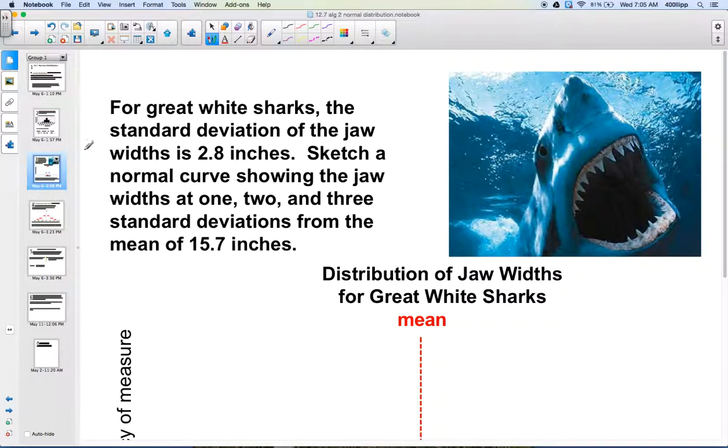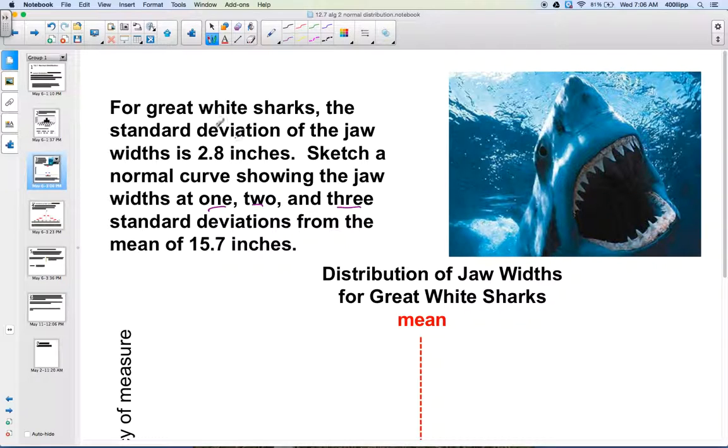Okay, moving on. Here's an example using standard deviation and the mean. So it says for great white sharks, the standard deviation of the jaw width is 2.8 inches. We need to sketch a normal curve showing the jaw widths at 1, 2, and 3 standard deviations from the mean. So we're going to have to do this for above the mean and below the mean.